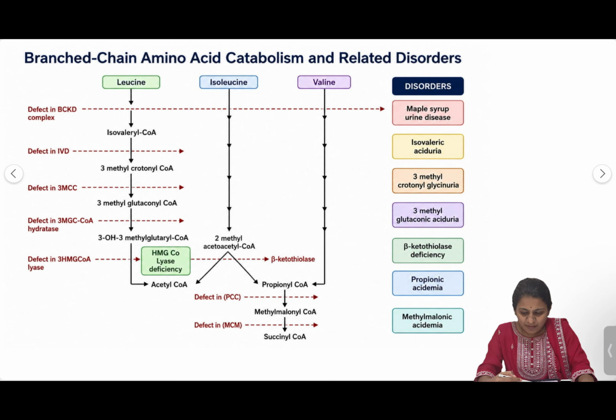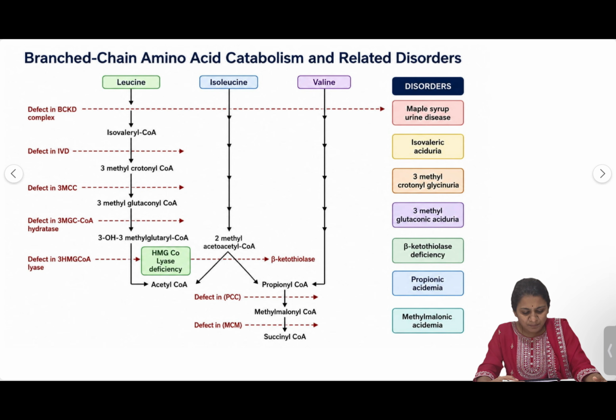We have many types of amino acids, essential and non-essential. These branched chain amino acids are essential amino acids. What are essential amino acids? Essential amino acids are those which cannot be synthesized by our body. They should be supplemented through diet.